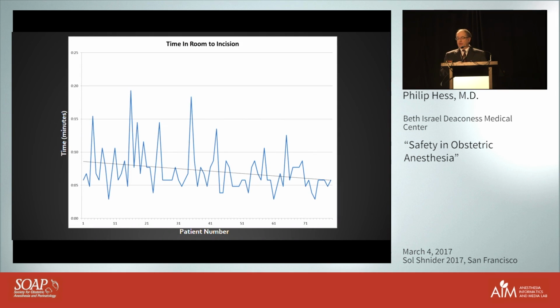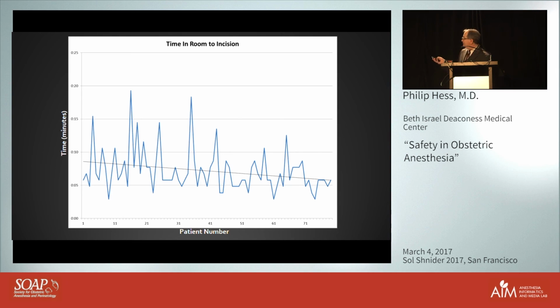And what we found was that over the course of this 3-year period, there was a significant reduction, 30% reduction, in the time that it took to get from entering the operating room to making skin incision in the cases, real cases of stat cesarean delivery. More importantly, there was also a significant reduction in the variation of this time.